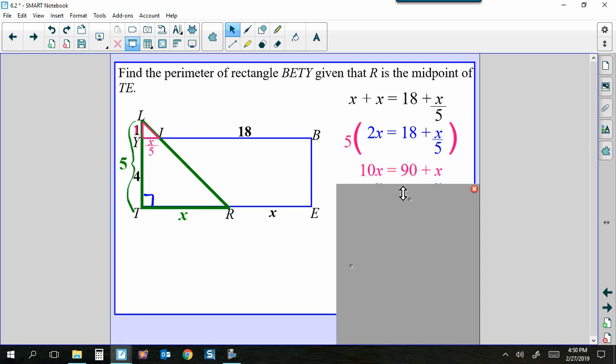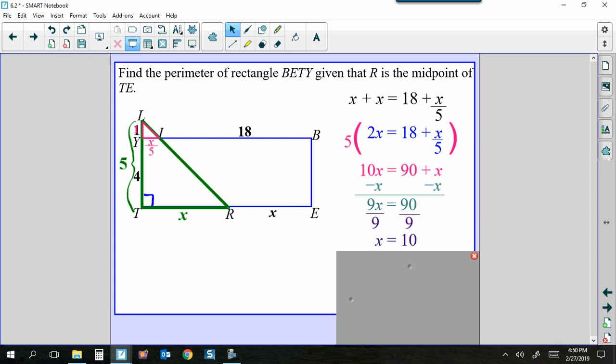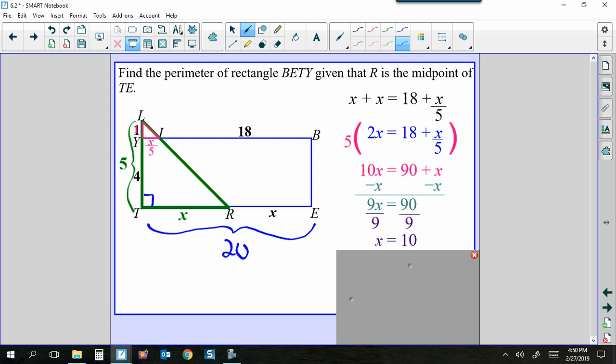So from here, you guys should have no issues solving this. We're going to use the subtraction property of equality to get 9x is equal to 90. Then the division property of equality, we're going to divide that 9 out and get 10. So because I know that x is 10, I am able to determine that this side length is 10 plus 10, which would be 20.